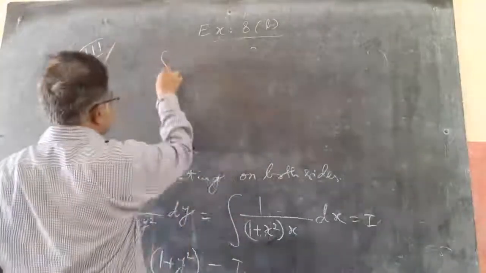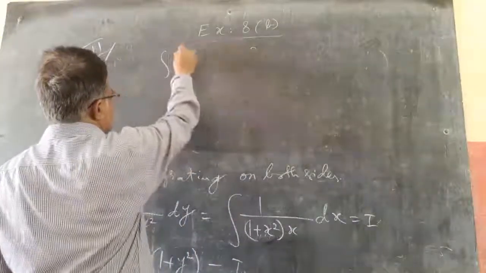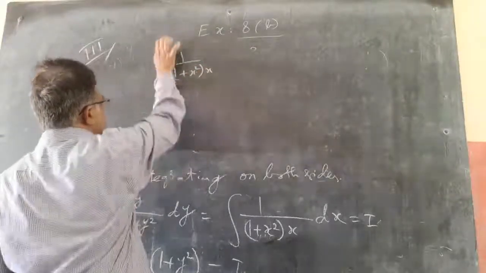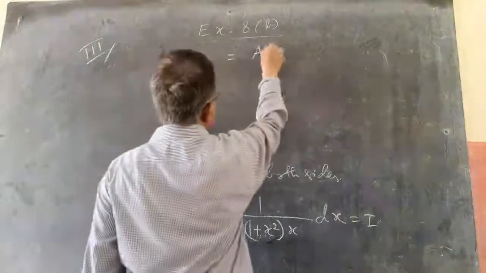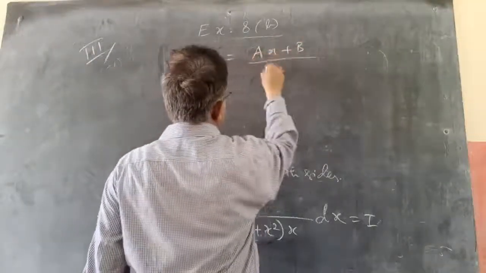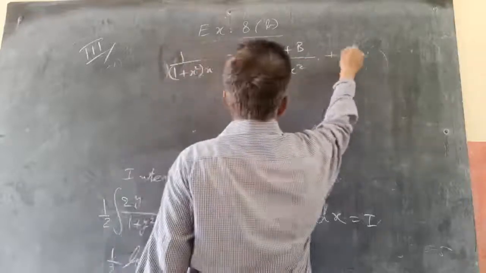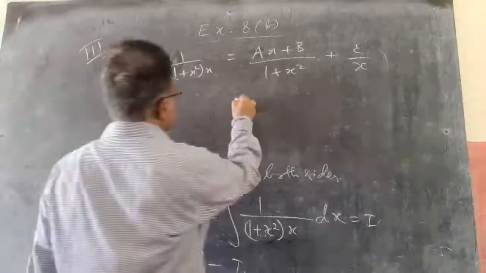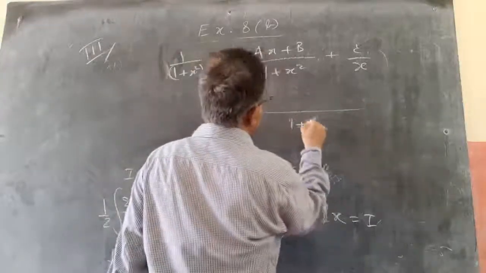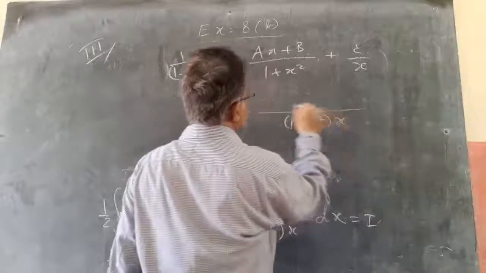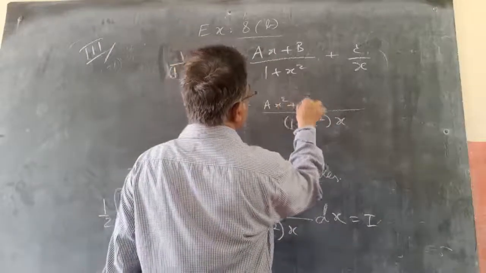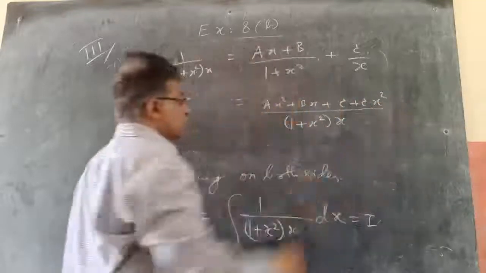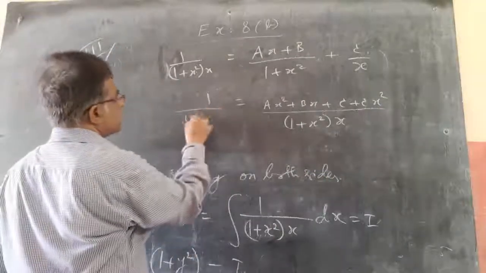If I am able to find A, B, C values, that's enough. So LCM here is 1 plus x square into x. Now this becomes Ax square plus Bx plus C plus Cx square, if I take LCM. This side 1 by 1 plus x square into x.